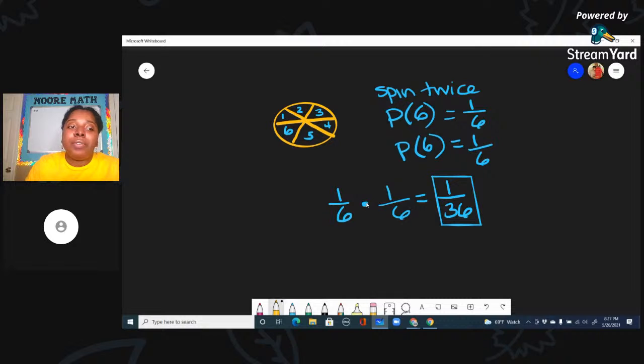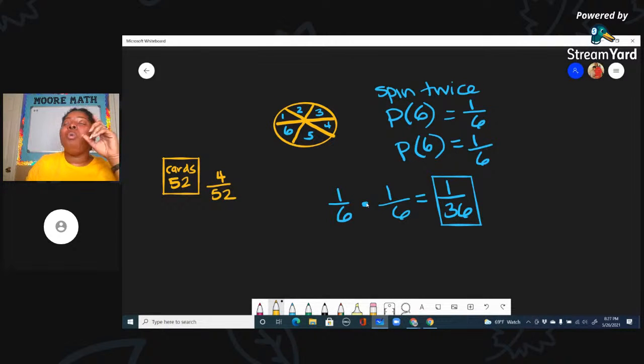Say you have a deck of cards, right? How many cards are in a deck? 52. Okay, so we have 52 cards in a deck. What's the probability that you're going to get an ace the first time you pick a card out? 4 out of 52.